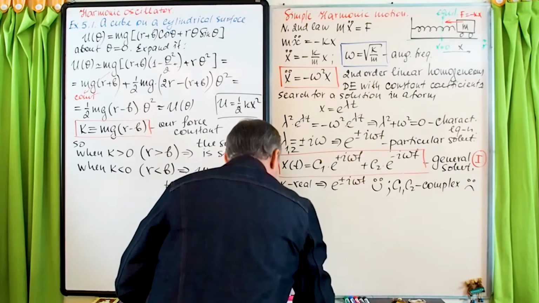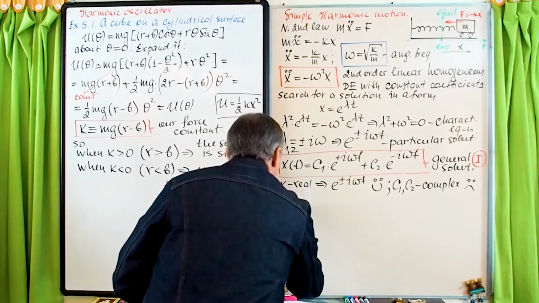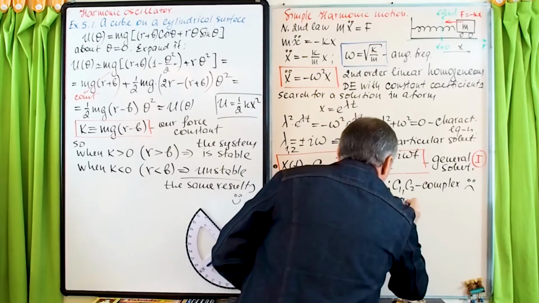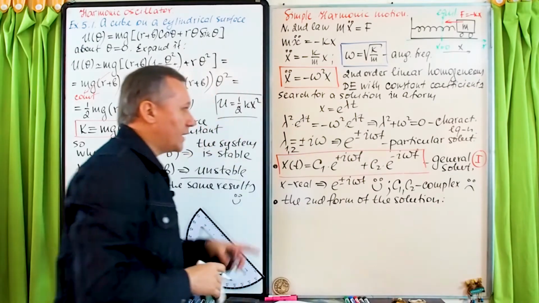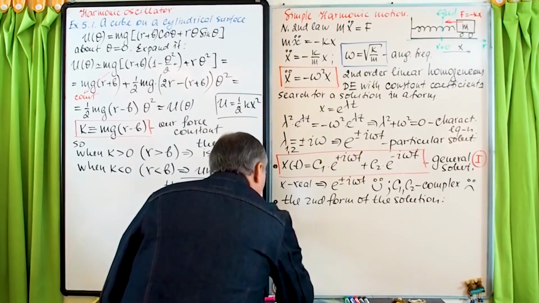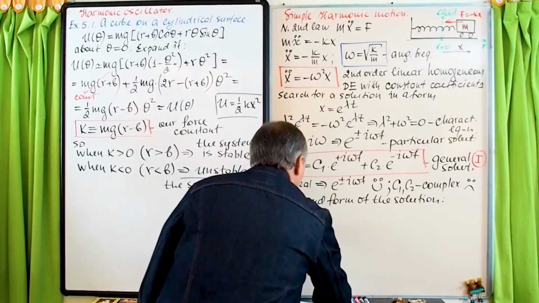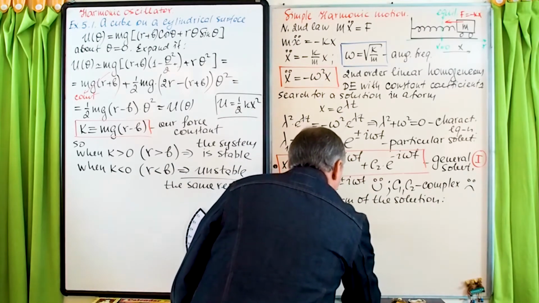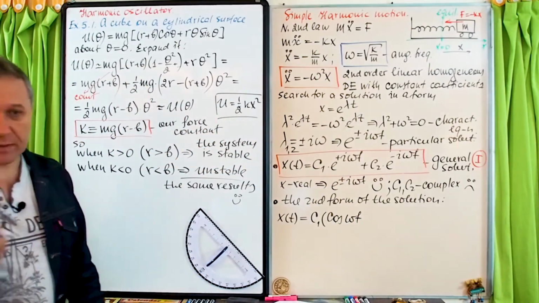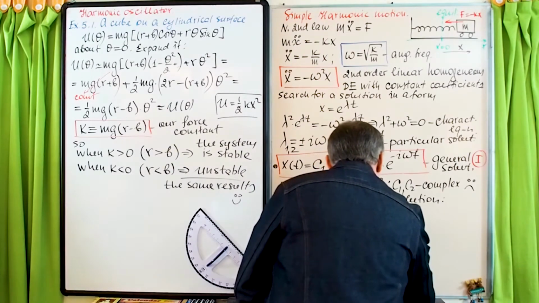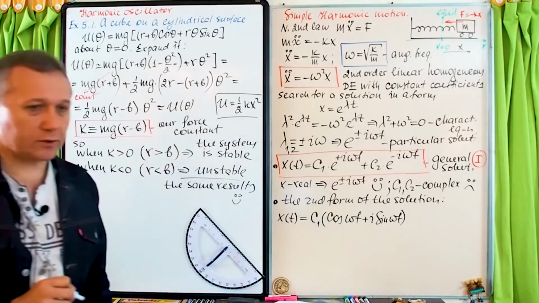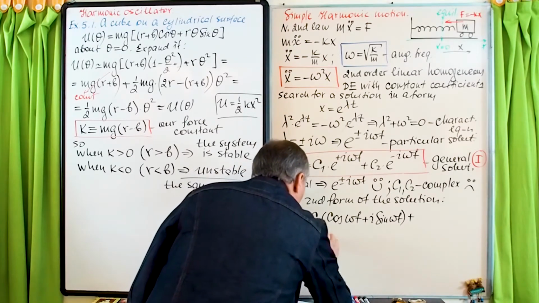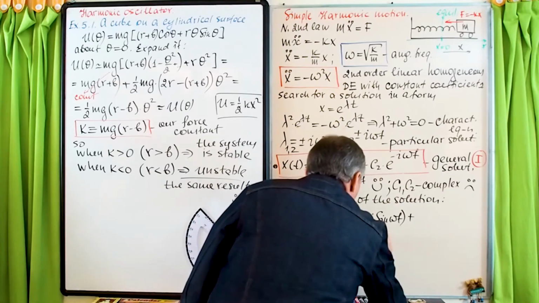So the second form of the solution: x as a function of t equals, of course, c1 times cosine omega t plus i sine omega t, and then c2, the same: plus c2 times cosine omega t minus i sine omega t.